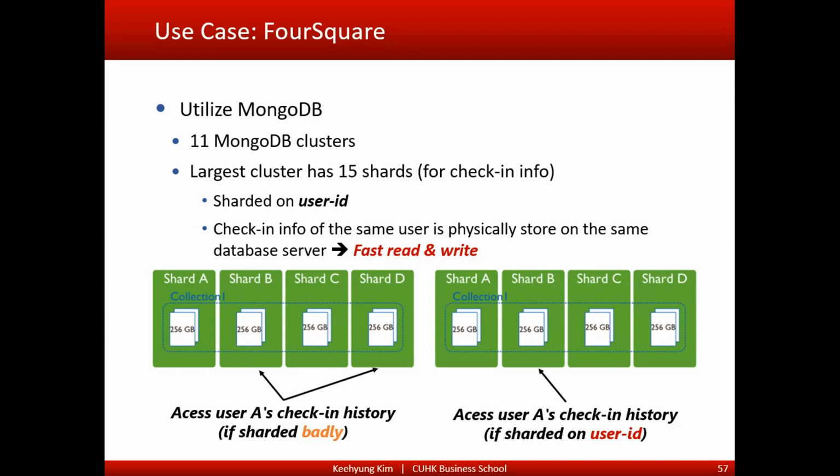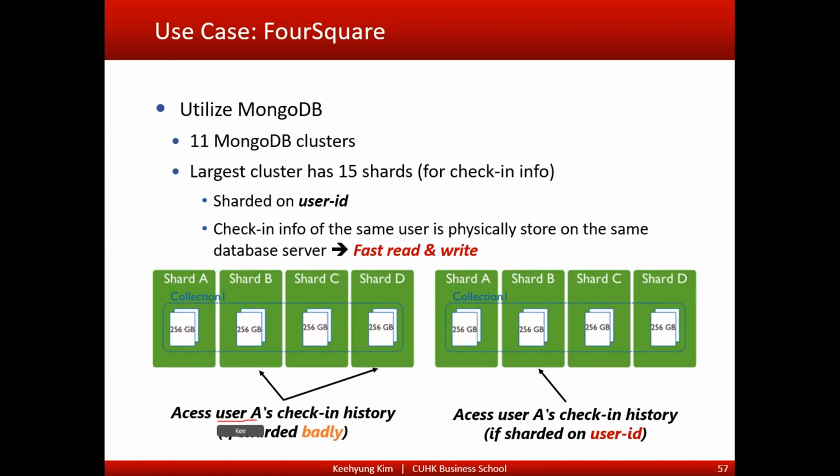So what it means is this. If they don't use user ID for sharding, and if they use another field for sharding, then this problem may happen. So let's say that this document contains check-in history.